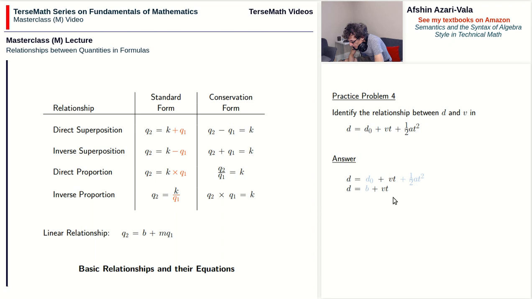Now within the term that has the unknown v, we take the factors that don't have the unknown and turn them into a constant. That's t. Rewrite the equation, and we have a linear relationship.